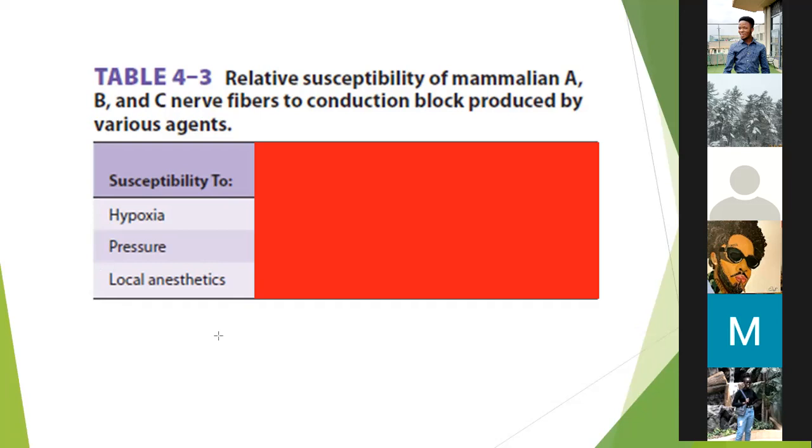Now, when they reach where the neurons are, if you remember, when we were looking at the structure, the composition of the myelin sheath, we said that the myelin sheath usually has phospholipids. And because it has phospholipids, it is lipid soluble.